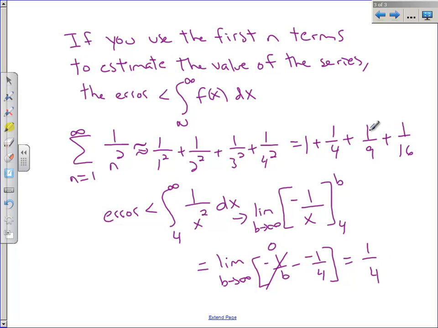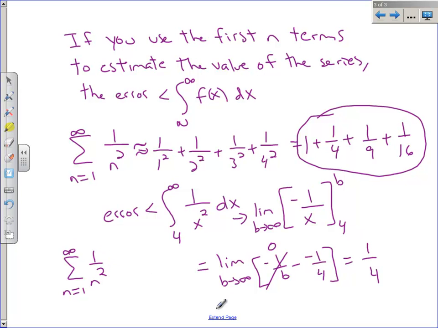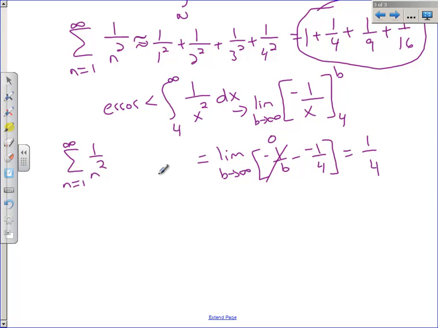But what that means is this summation, whatever that works out to be, is close to the actual value. And on top of that, we can say that the actual value of the sum of 1 over n squared, I'm going to have to extend my page here, lies somewhere in this interval. 1 plus 1/4 plus 1/9 plus 1/16 is actually smaller than the value of this series.